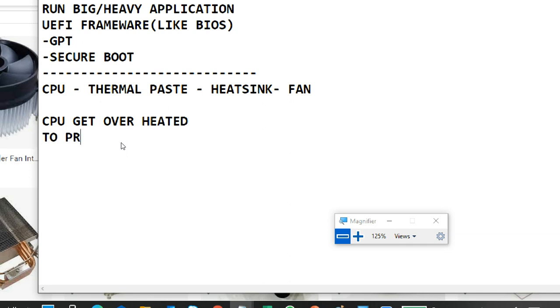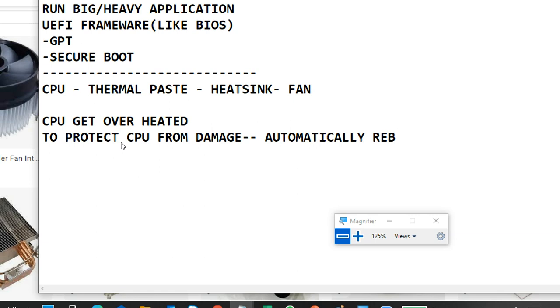To protect the CPU from damage, the system automatically reboots your PC. It keeps on restarting. So when the CPU is getting overheated, to protect it from damage, it automatically reboots the system.